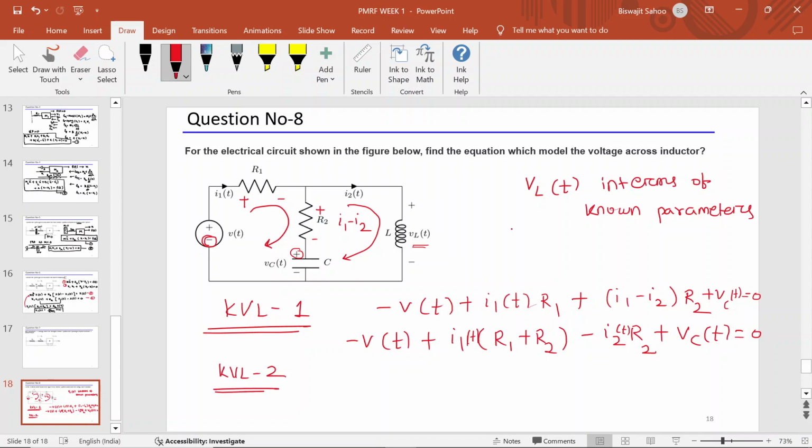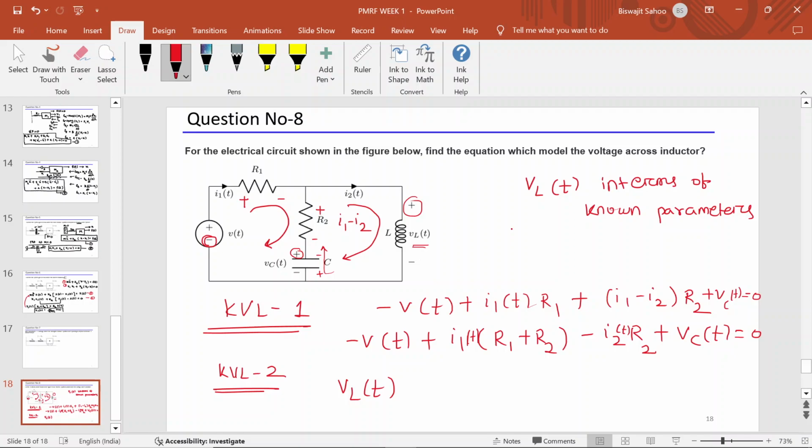Now follow the same convention. The current is flowing here, so in a passive element like the inductor, it flows from positive to negative. So take the first point: V_L(t). Now this loop completes like this. In the capacitor it should be positive and negative here.